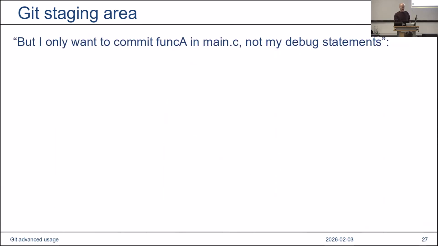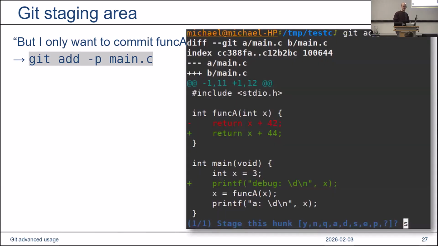Anyway, I think I've briefly touched on this example. Oh, let me see, we're running a bit low on time, but I'll get through the rest quickly, I hope. You only want to commit, for example, this function A, but not the debug statements that I've inserted. Well, you can do this. You can do a git add with --patch or -p on your main. What it does then is that it opens an interactive dialog.